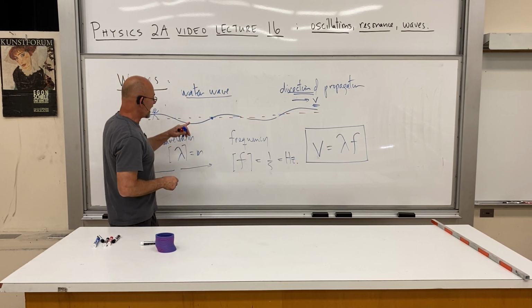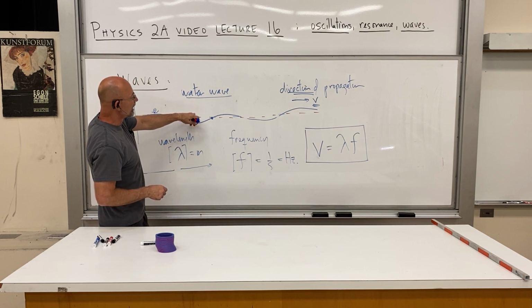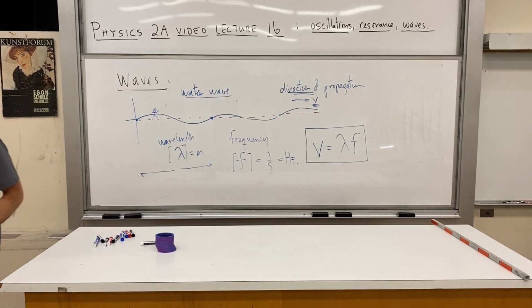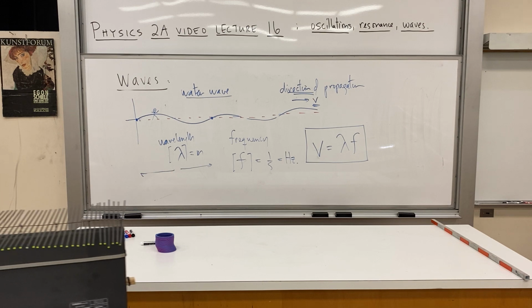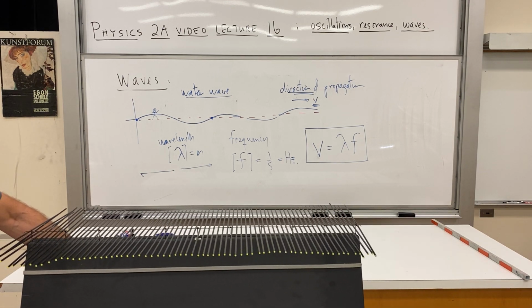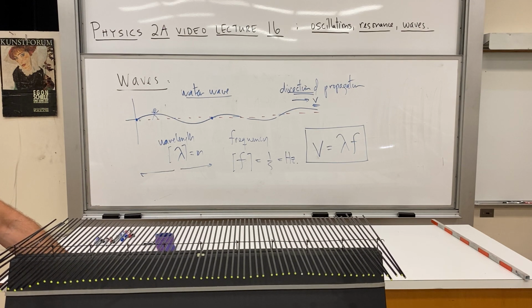Okay, now I haven't shown you this kind of wave yet, but I have one more demo for us. This is a wave machine. One of our all-time great demos here. Okay, I'm gonna put it right here.